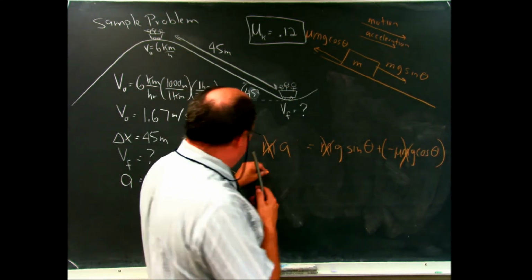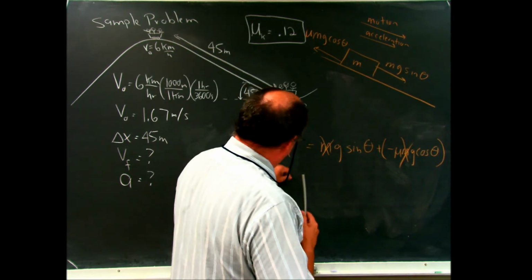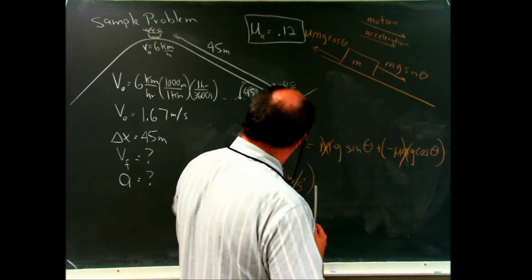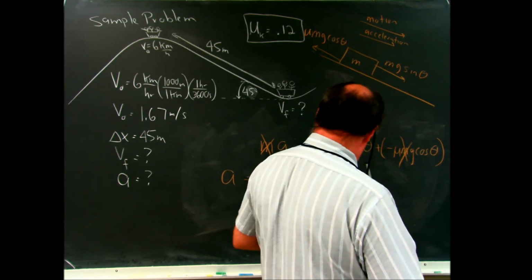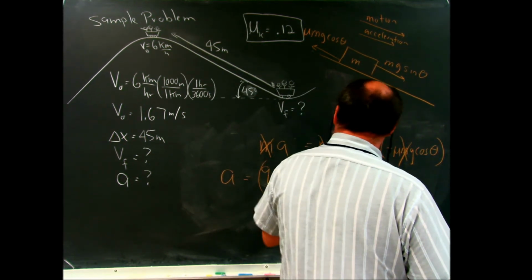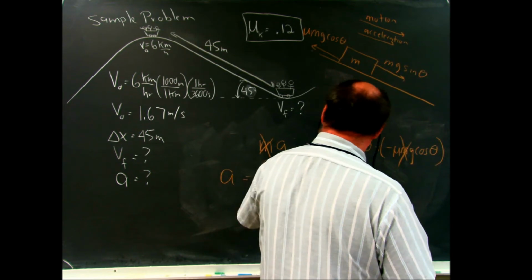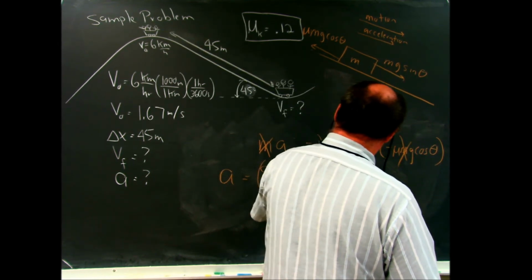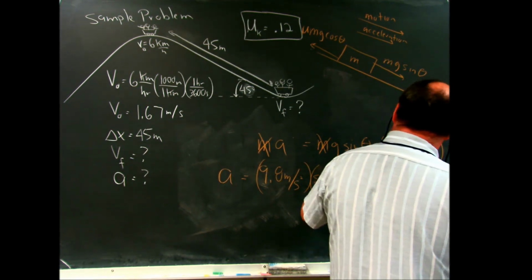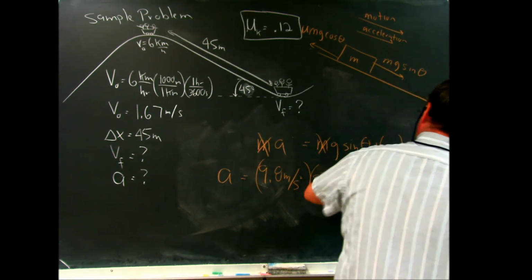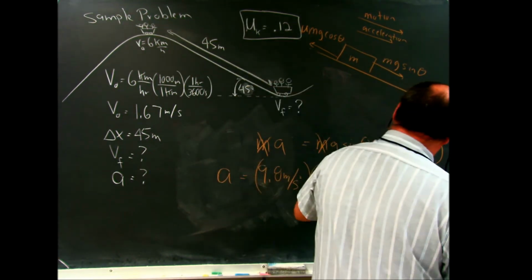So gravity is the number 9.8. Sine of 45. Minus mu. Mu is the number 0.12.